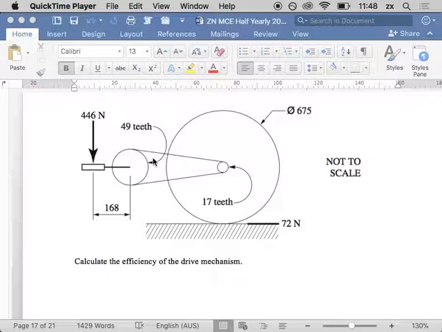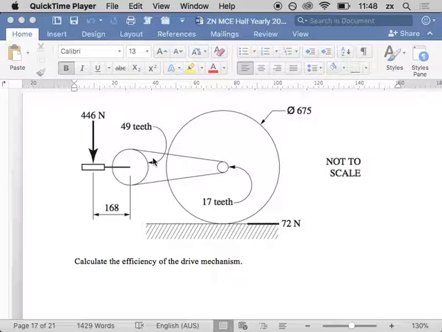So our first wheel, the wheel that's 168 in radius, which is going to be 300 and something diameter. Shouldn't that be 675? Yes. Sorry, I'm getting my last digits all wrong. Yes, correct.